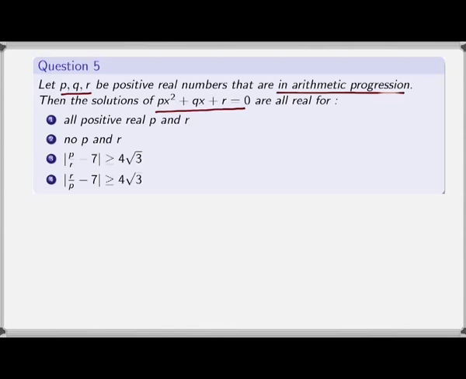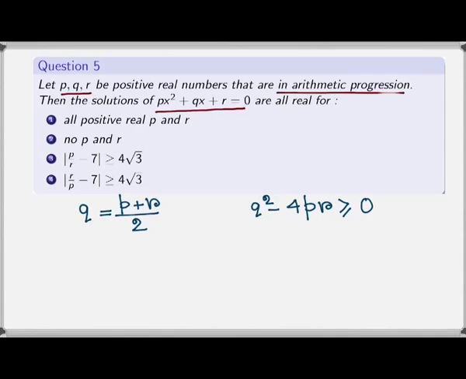First note that q is equal to (p plus r) divided by 2, because we are told that p, q and r are in an arithmetic progression. Now as we know, the necessary and sufficient condition for the quadratic equation px square plus qx plus r is equal to 0 to have all real solutions is q square minus 4pr is bigger than equal to 0.